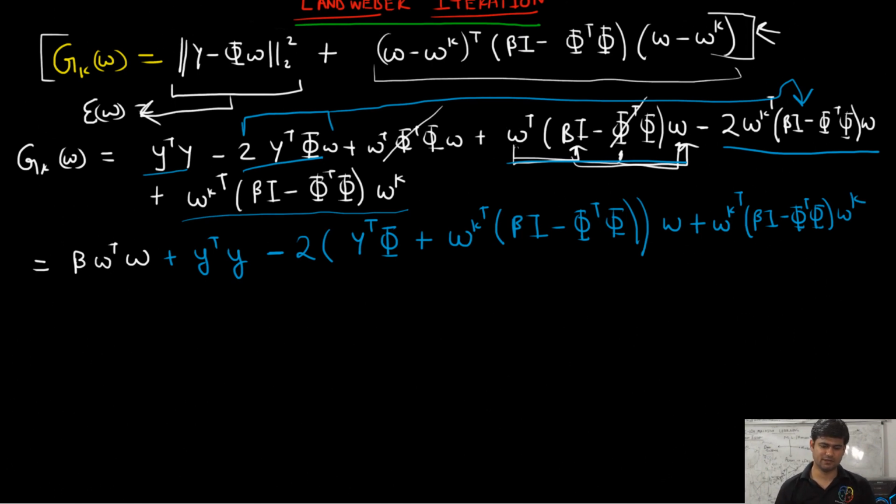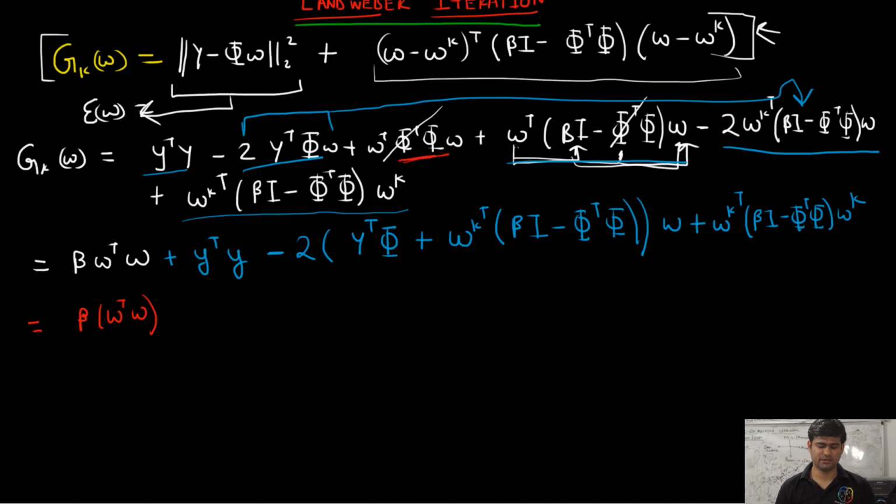So we can further simplify this by writing it as beta times w transpose w. This is a quadratic term. So you can see in the quadratic term the phi transpose phi is gone.